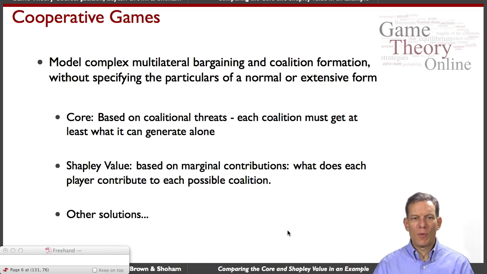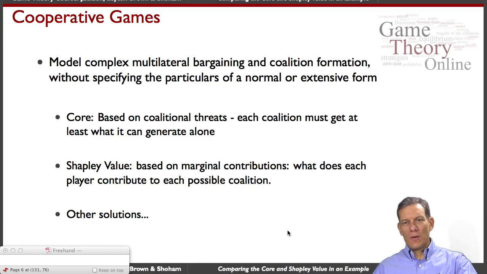Okay, in terms of cooperative games then, what have we done? We've looked at modeling fairly complicated multilateral bargaining settings, something like the UN Security Council. Part of the idea behind cooperative game theory is that we could do everything as a non-cooperative game.